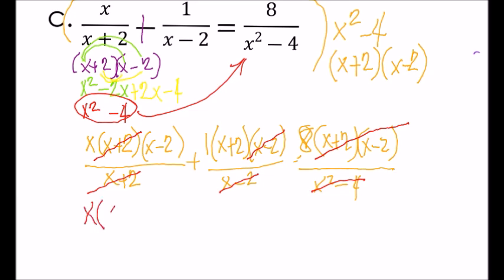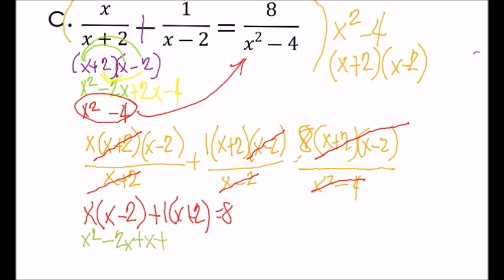That's x times x minus 2 plus 1 times x plus 2 equals 8. Now we multiply: x times x is x squared, x times negative 2 is negative 2x, plus 1 times x, 1 times 2 is plus 2, equals 8.